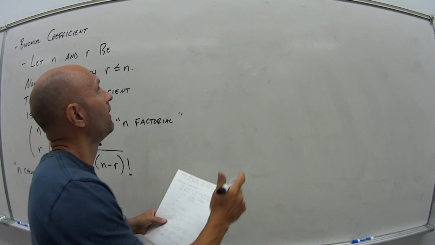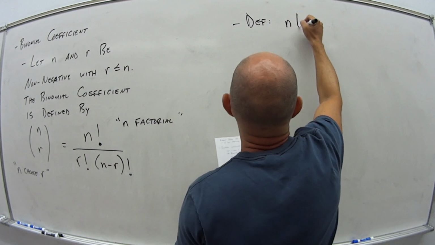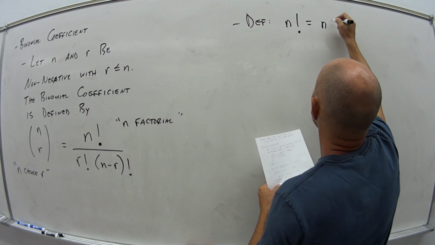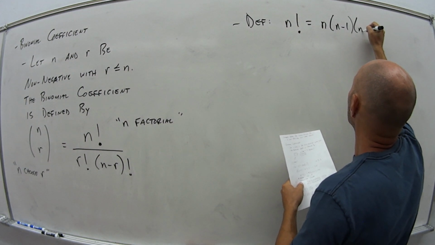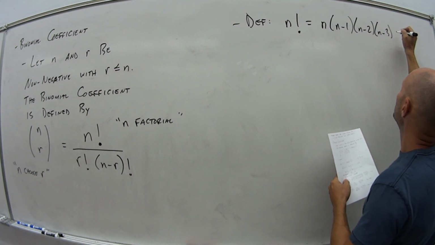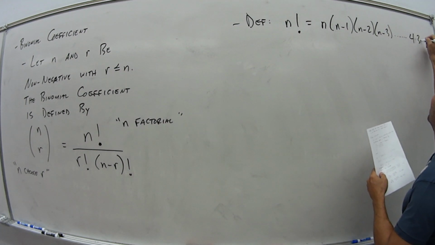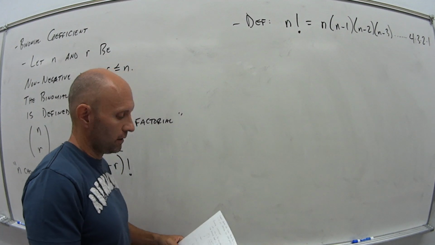Well, now you will. By definition, n factorial means n times n minus 1 times n minus 2 times n minus 3 times and so on, all the way till you get times 4 times 3 times 2 times 1.